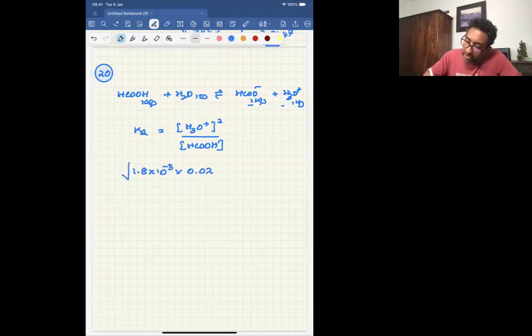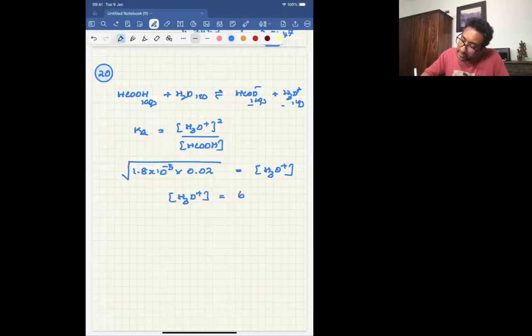If you take the square root, you get the hydronium ion concentration. So what is that? 0.02 times 1.8 × 10^-5, and the square root of this is 6 × 10^-4. Let me double check that.